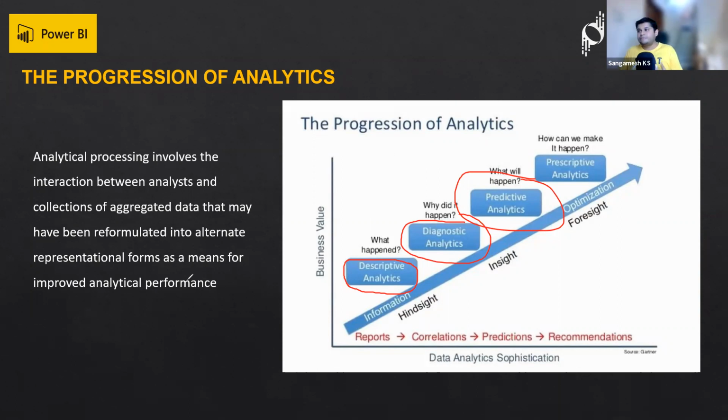Last but not the least, we have something called prescriptive analysis. I gave you an example: using diagnostic analysis, you have reached a conclusion that whenever there is a high temperature, the sales of ice cream also go up.